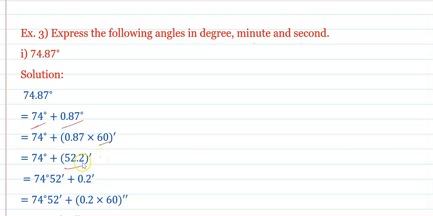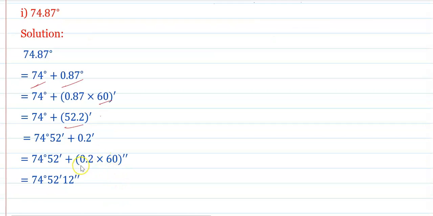Again, we convert 0.2 minutes into seconds, and for that we have to multiply 0.2 by 60. Then the multiplication is 12 seconds, and hence 74.87 degree means what? 74 degree, 52 minutes and 12 seconds in this way.